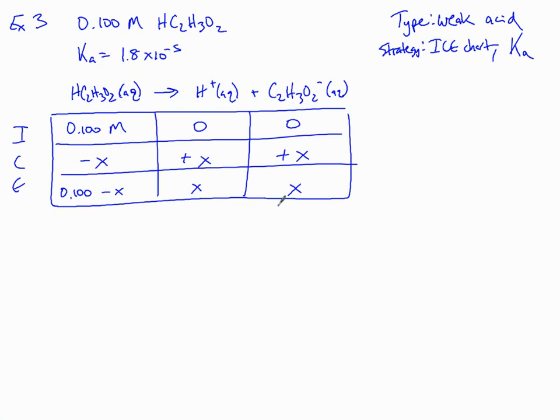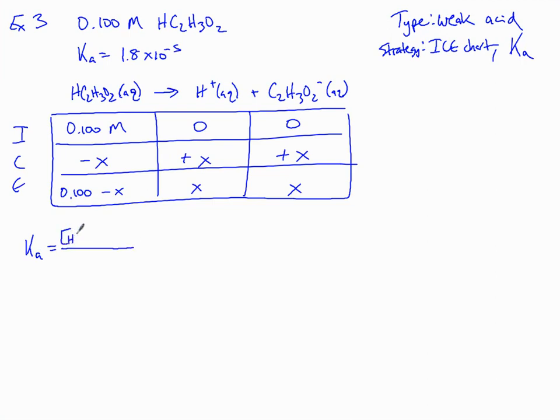Now here's where the equilibrium part of it comes in. We need the equilibrium expression. So we say that Ka, the acid dissociation constant, it's just an equilibrium constant, equals, and remember it was products over reactants.